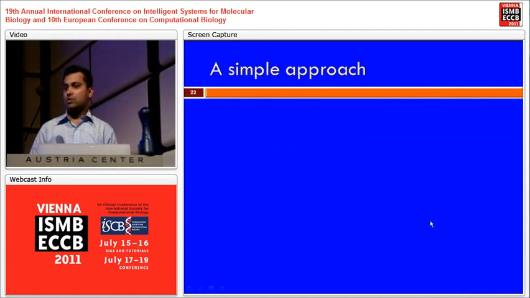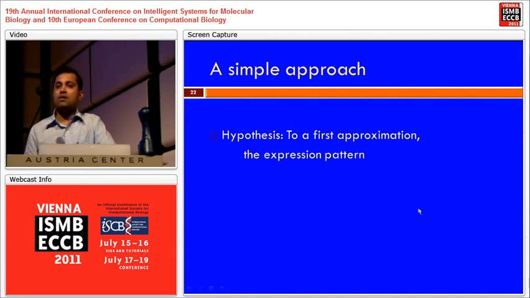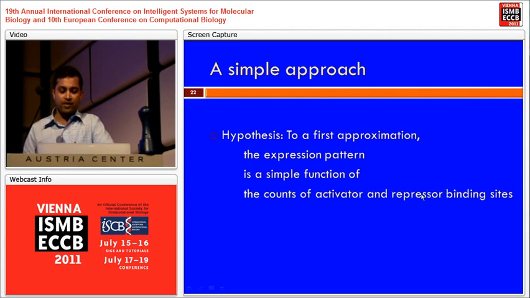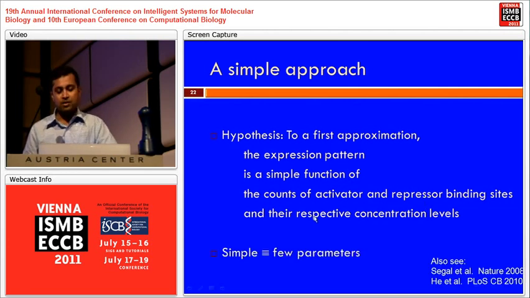And what we did was a very simple approach. The hypothesis was our approach to modeling the function of a CRM is this. We hypothesized that to a first approximation, the output expression pattern of a CRM is a simple function of the counts of activator and repressor binding sites and their respective concentration levels. The model is going to be simple.